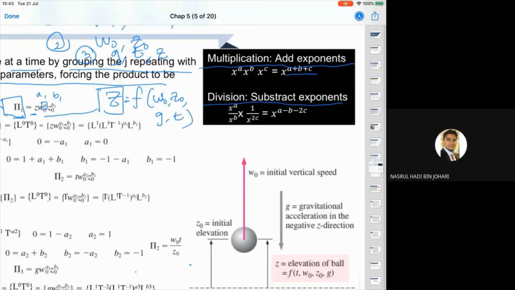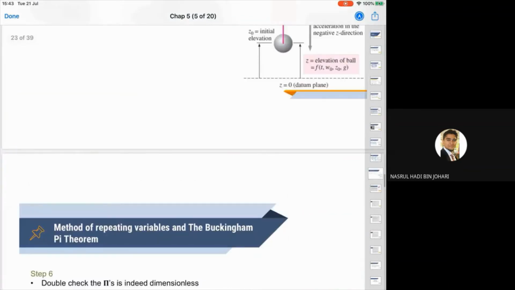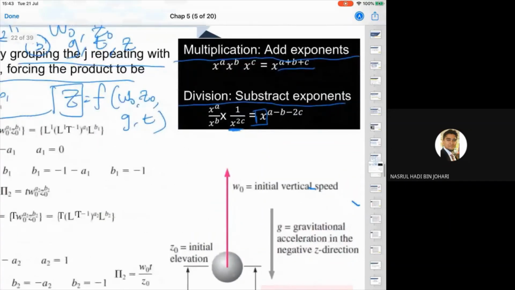Whenever you see the same variable X with A and B, we maintain the variable, or the terms here, but we analyze the exponent. So division is minus, multiplication is plus.